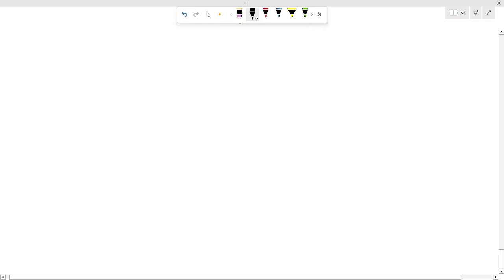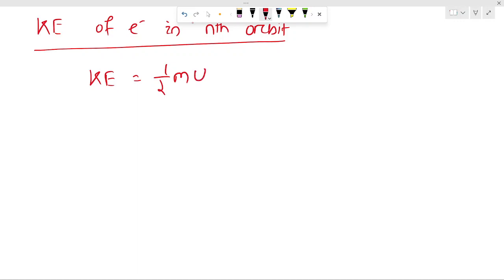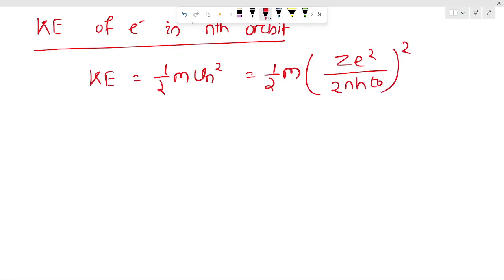I am going further, that is, for the kinetic energy expression. I am going for kinetic energy of electron in nth orbit. Let us calculate this expression. We have the kinetic energy formula, that is half mv square, so Vn square is equal to half m times the velocity formula, Z square upon 2nh epsilon naught, isn't it, square.